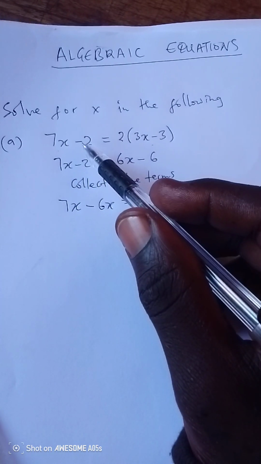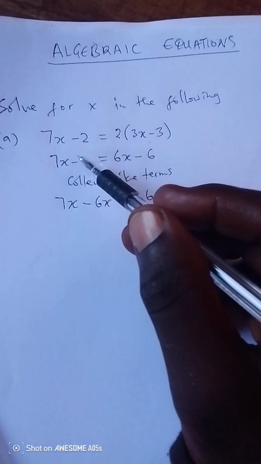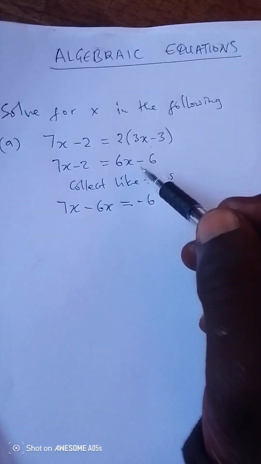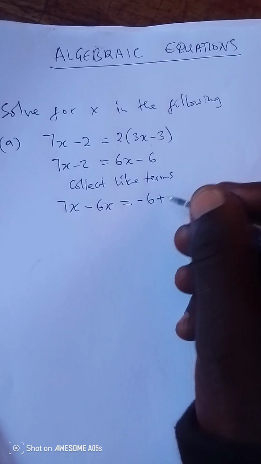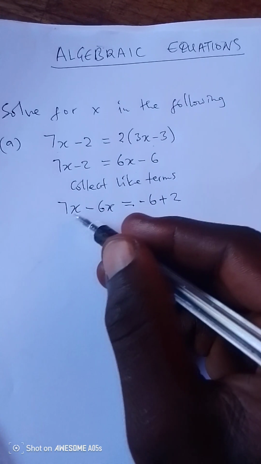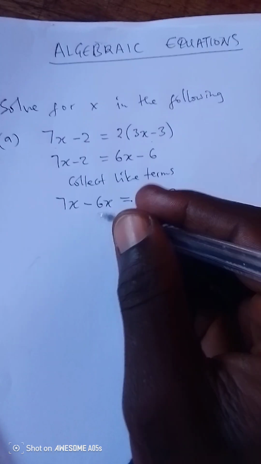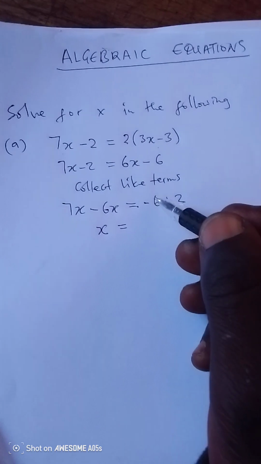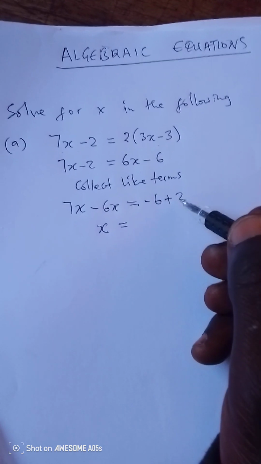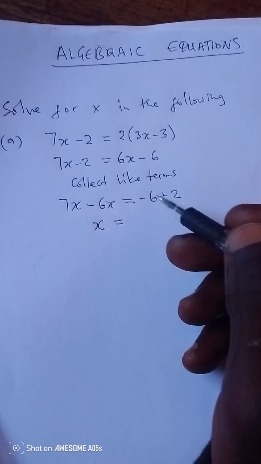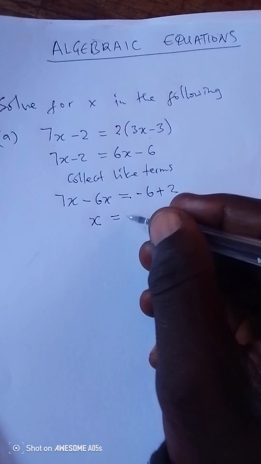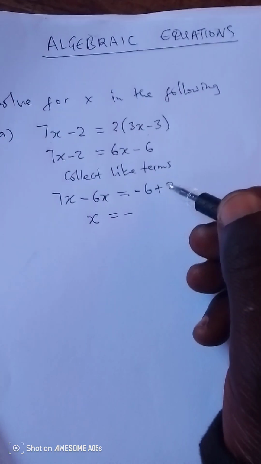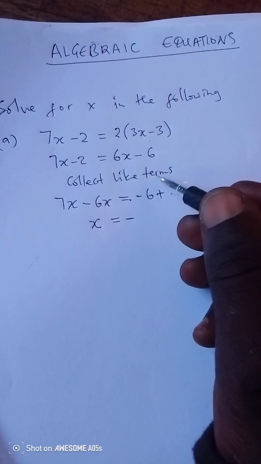But this 2 should come to the other side. So it is negative 2. If it goes this side, it will become positive 2. 7x minus 6x, we are getting x equals negative 6 plus 2. The rule here is get the sign of the bigger number and then subtract the smaller number from the bigger number.